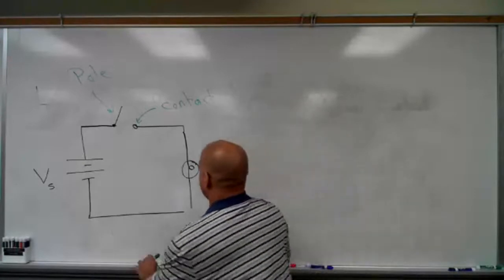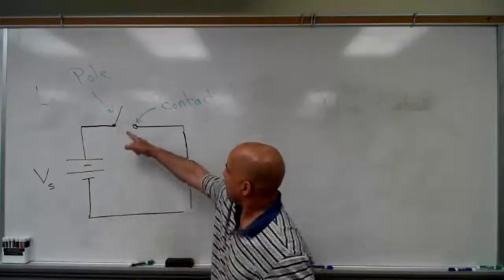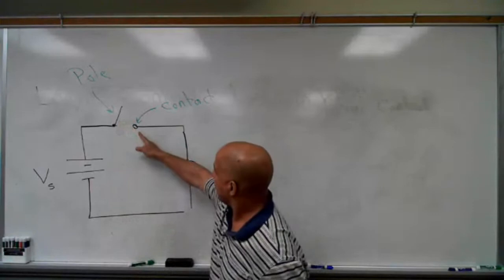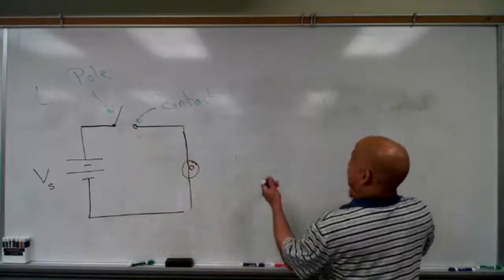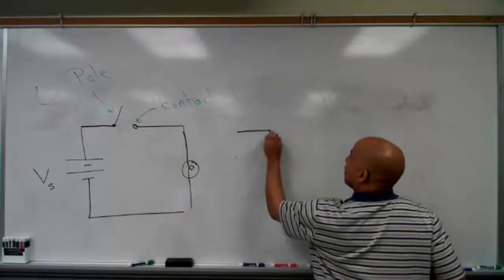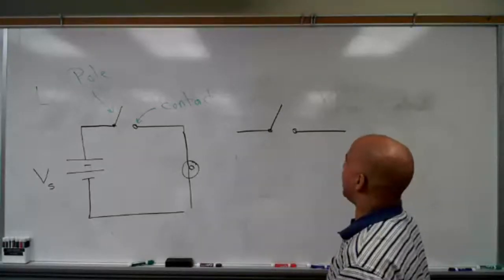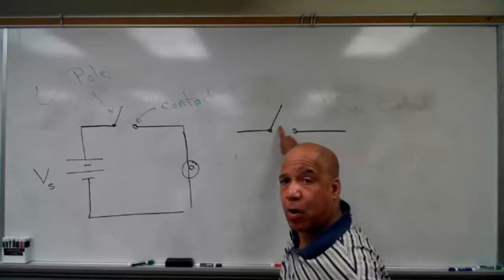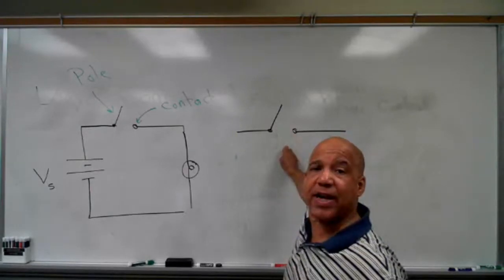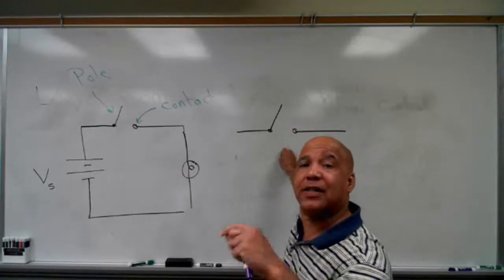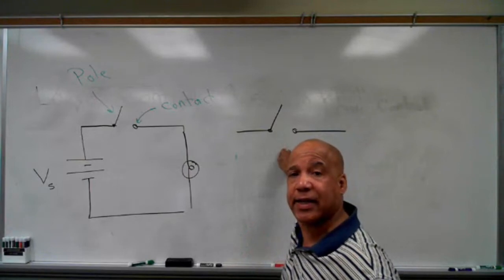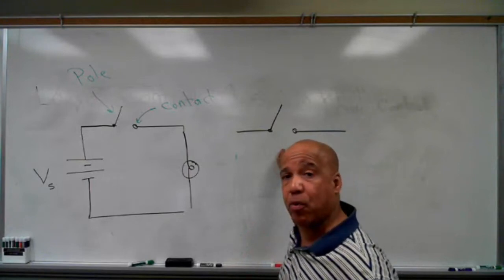So the simplest switch you can have is the one I have right here. I have a pole, and I have a contact. So what you can do, you can name this switch by the number of poles it has and the number of ways you can move the pole to touch a contact. Now I want to say that a second time because that turns out to be pretty important.